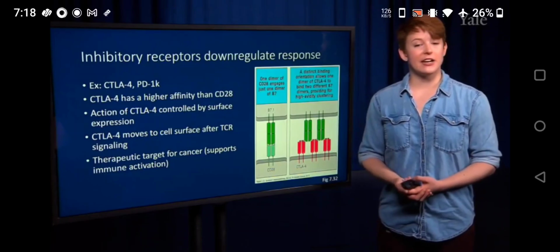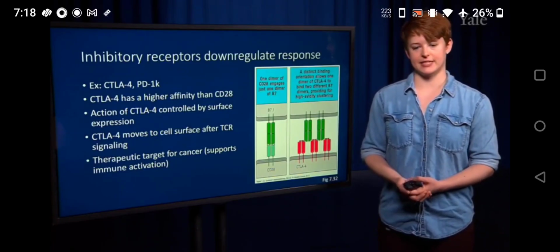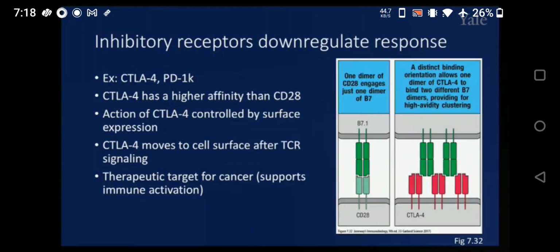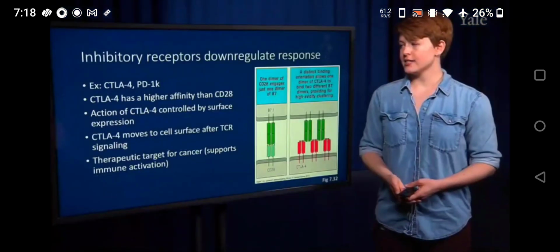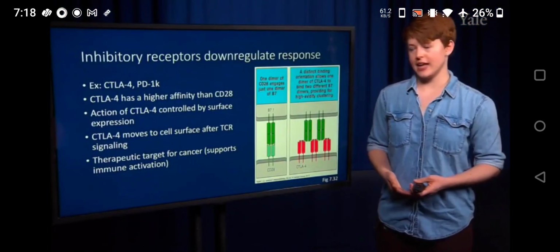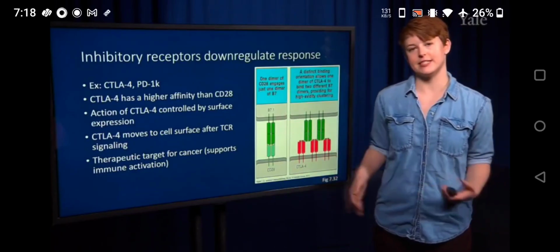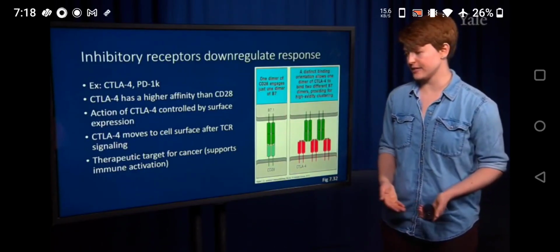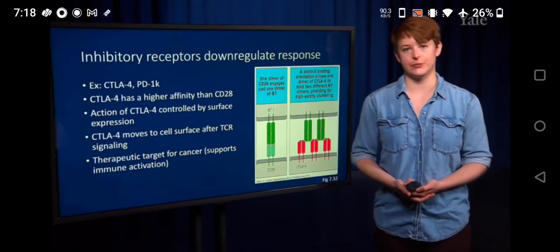Conversely, there are also inhibitory receptors, which help downregulate and control the response. Some examples of this that you might have heard of are CTLA4 and PD1. Both of these are important targets for cancer, and that's because they help control T cell signaling. CTLA4 binds to the same receptors as CD28, in this case B7.1 and B7.2.